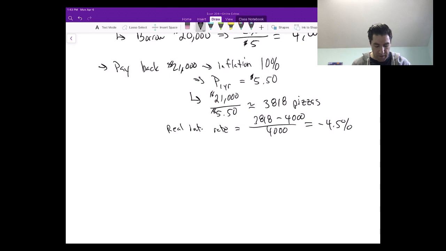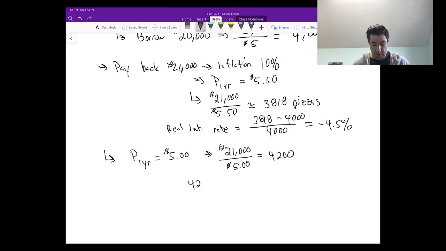Now, it doesn't always have to be negative. So if the price of pizza in 1 year is still equal to $5, then the real interest rate is going to be 5%. I'm going to give up 5% of my pizzas in the future as a result of this. So that's 4,200 pizzas that I give up in the future if the price didn't change at all, with no inflation.